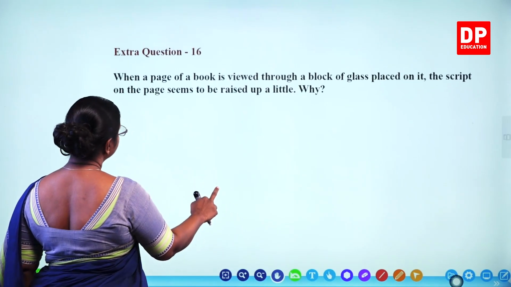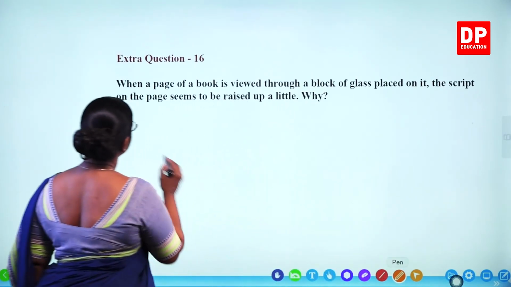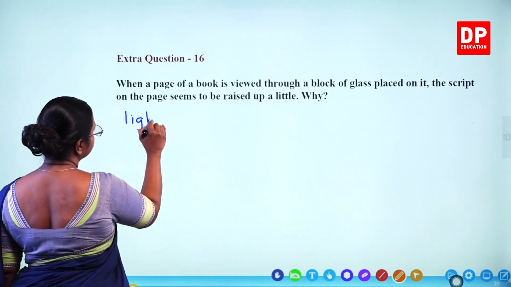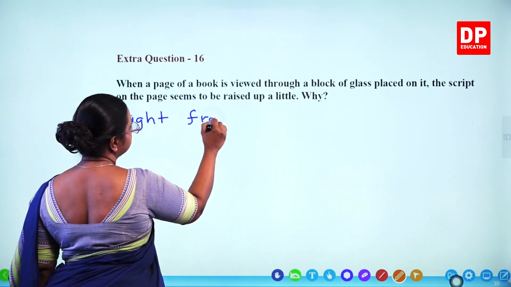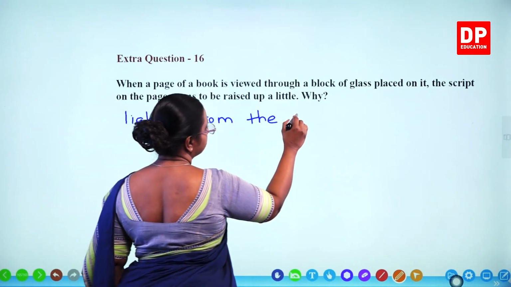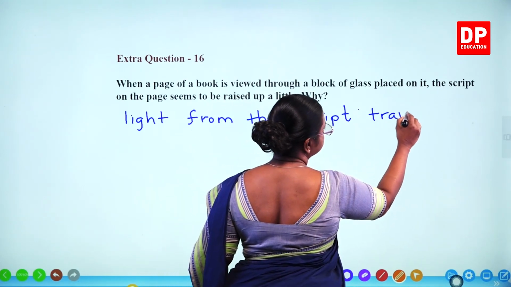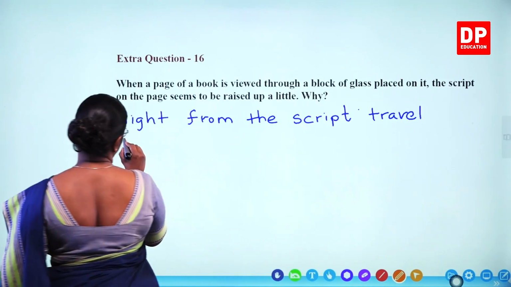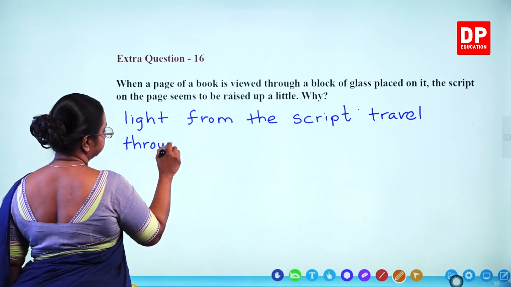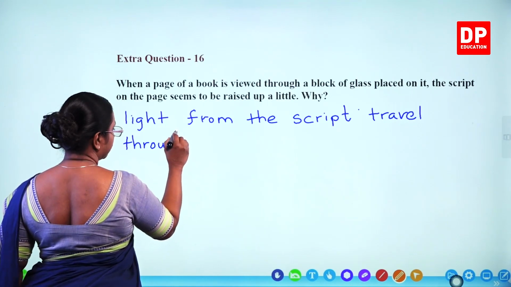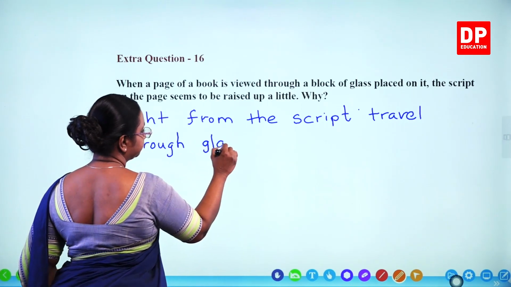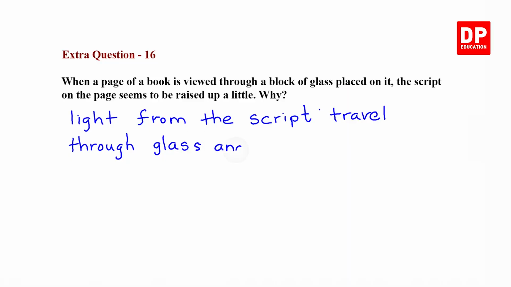So we can say light rays from the script travel through glass and enter the air medium.